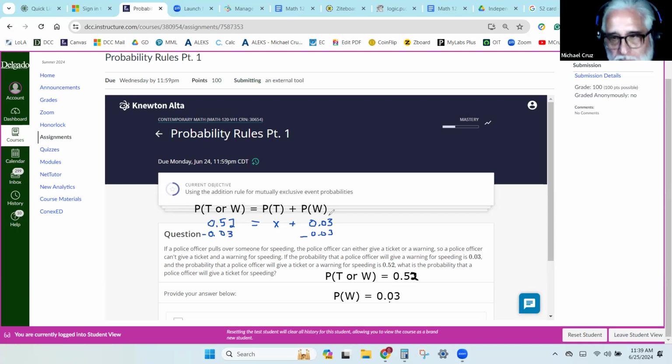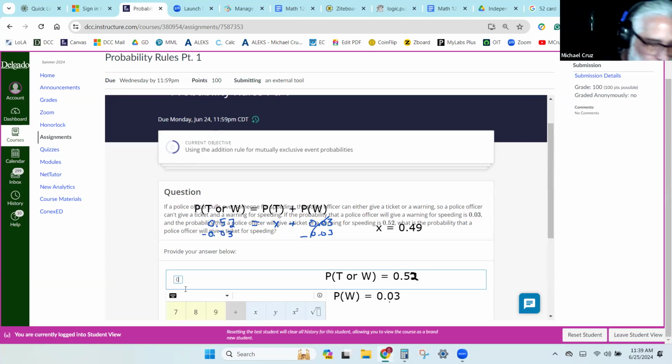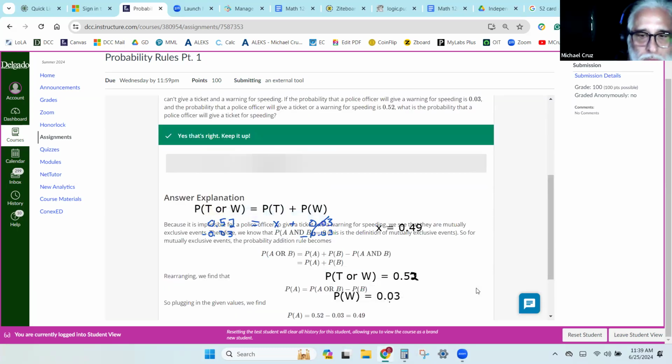So these will be gone, and this will simply be x is equal to 0.49. Right? Something seems strange, but that's right.